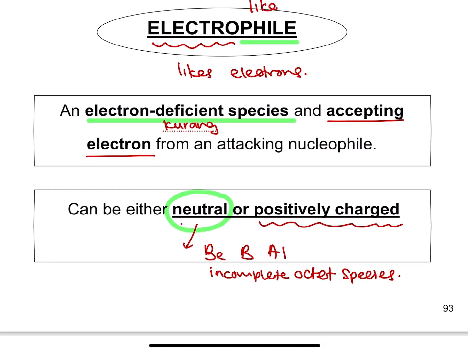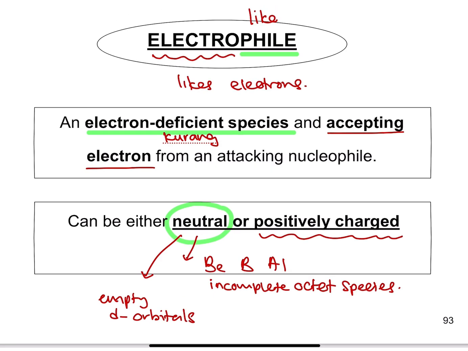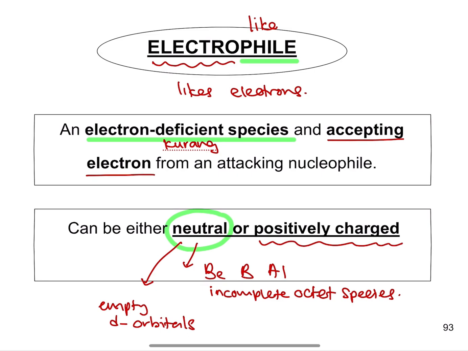Neutral can also mean those who have empty d orbitals. So these species are all ready to accept electrons, right? Because they have the space, therefore they are electrophiles.